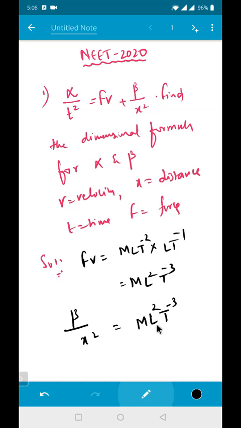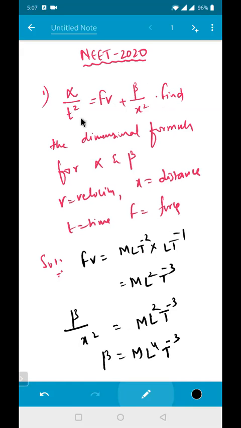That means beta by x square is M L square T power minus 3. So beta is equal to M, and this L square, if it goes here, becomes L power 4 T power minus 3. So F v plus beta by x square will also have the dimensions M L square T power minus 3.